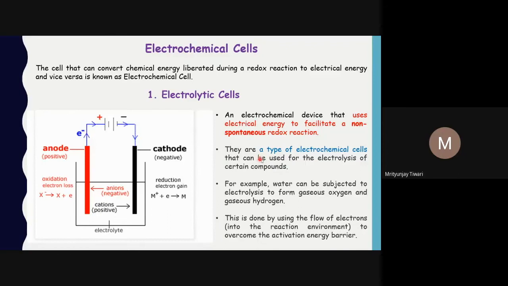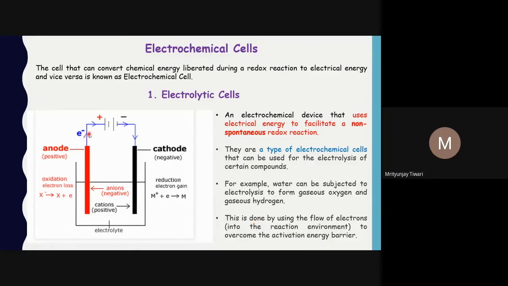Electrolytic cells are a type of electrochemical cell that can be used for the electrolysis of certain compounds. For example, water can be subjected to electrolysis to form gaseous oxygen and gaseous hydrogen. This is done by using the flow of electrons into the reaction environment to overcome the activation barrier. So this is how it happens.